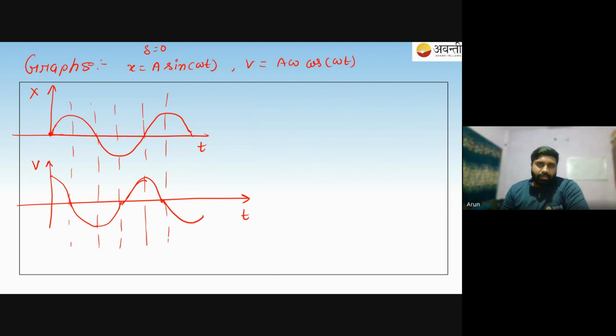Got it? Now, if you follow the acceleration one, acceleration is minus a omega square sine omega t, which means the graph will be the same. The graph will be like this sinusoidal function, but the values will be reversed.